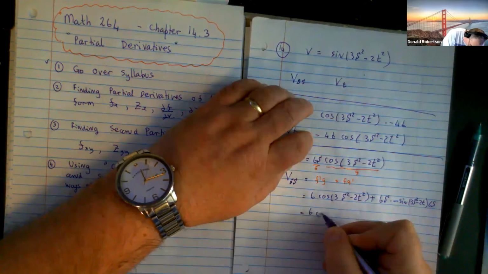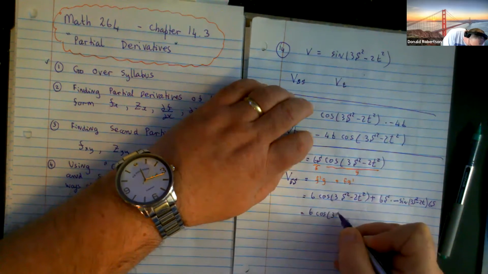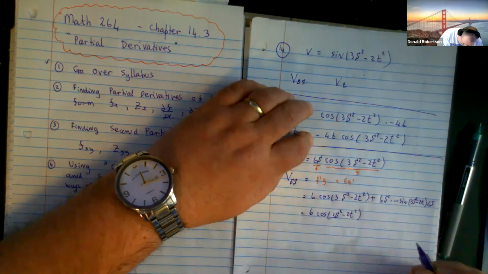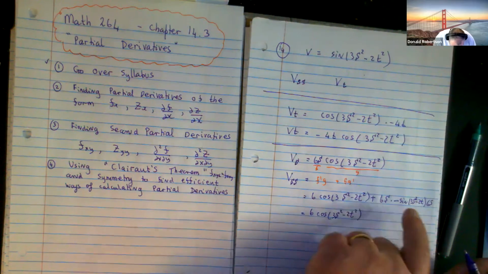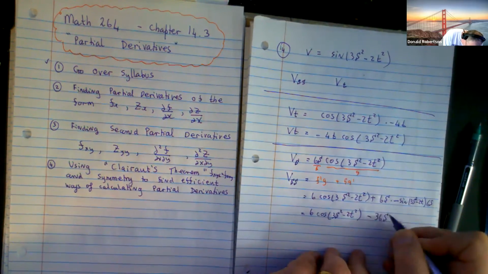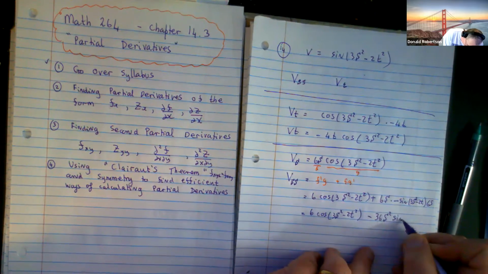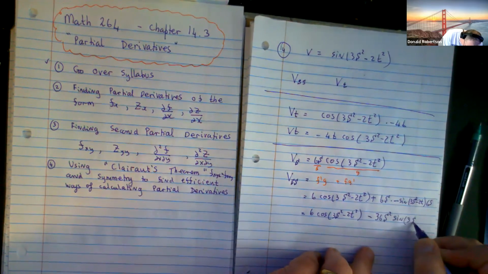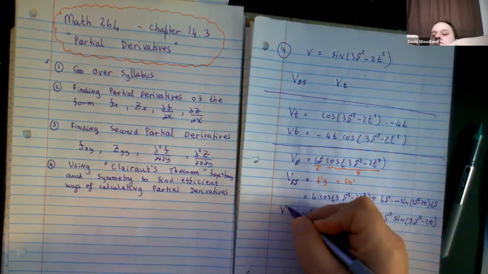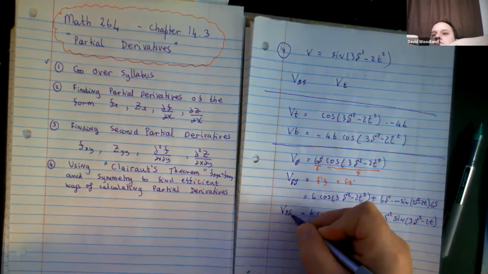So I get 6 cosine of this guy, plus this guy times this guy and a negative, which gets me negative 36s squared times a sine. We're done.